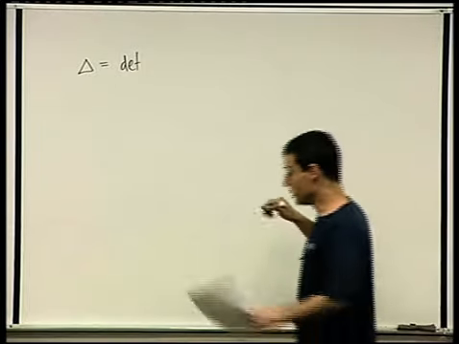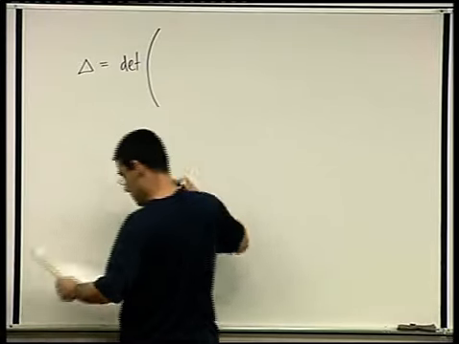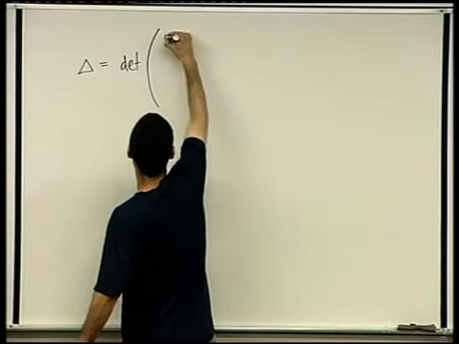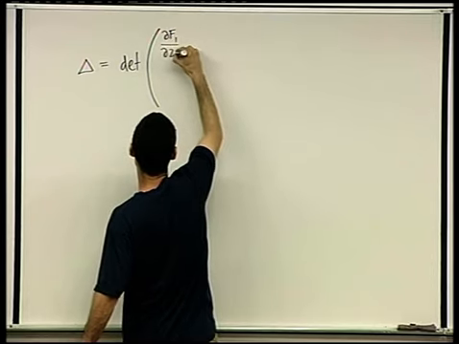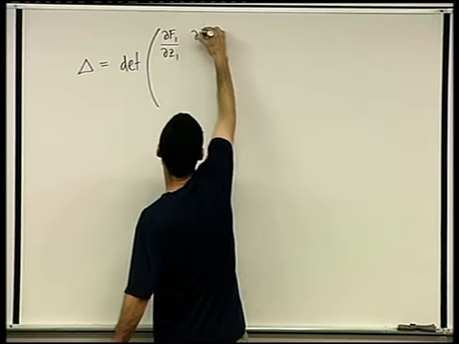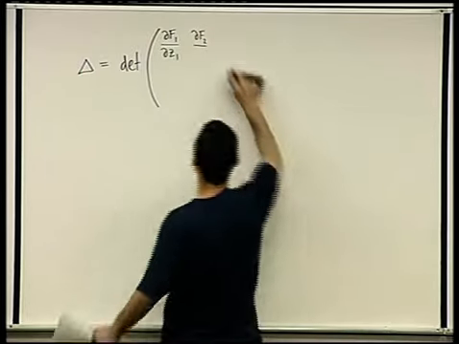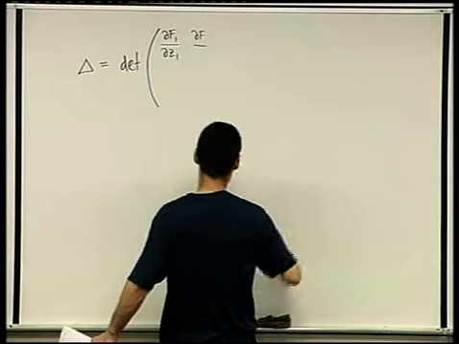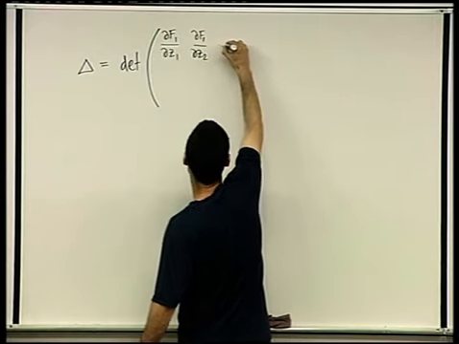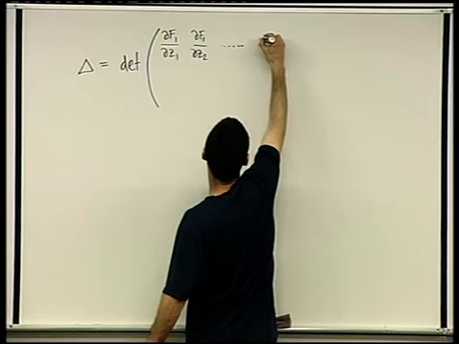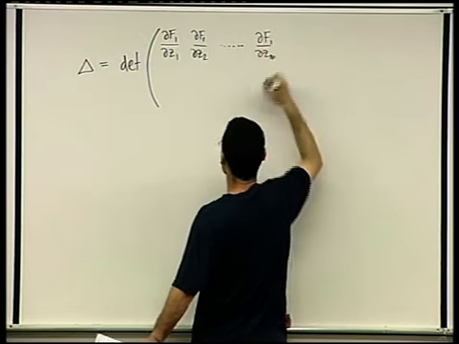So the determinant of this very big matrix: df1 to dz1, df1 to dz2, all the way up to df1 to dzm.